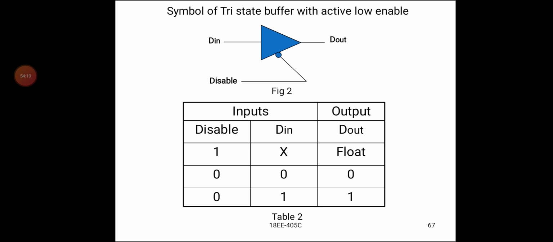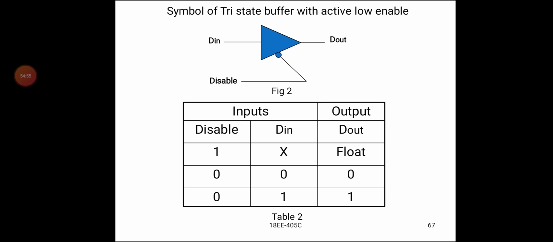The tri-state buffer with the active low enable. Here the enable input has a bubble that indicates that when the disable input is 0, then it will be active. When the disable input is 1, whatever the input D in, X, the output D out is in the high impedance state or floating state.